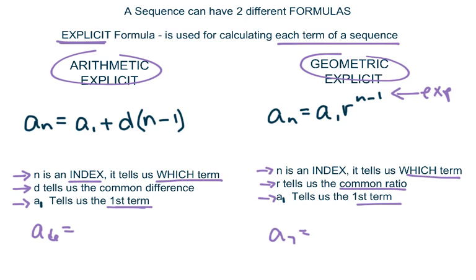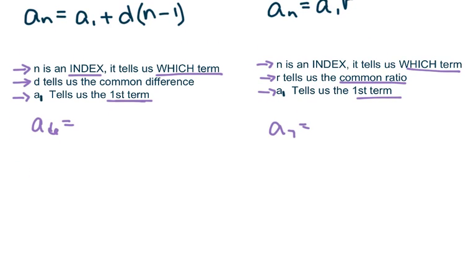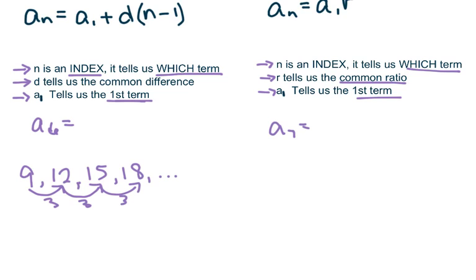So let's see how we can use these. If I am given the sequence and I want to come up with an explicit formula, first I need to find my d. 9 plus 3 is 12, 12 plus 3 is 15, 15 plus 3, so d equals 3. a of 1 literally is my first term, so a of 1 is 9.